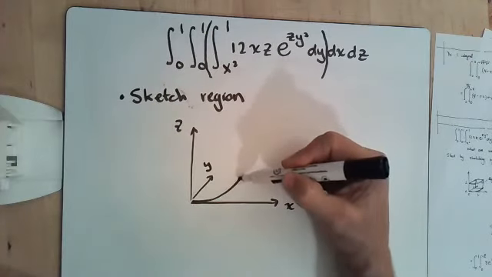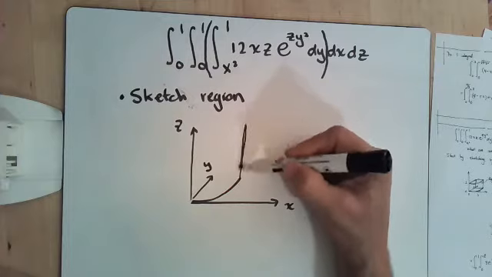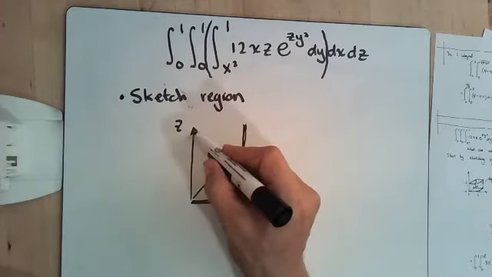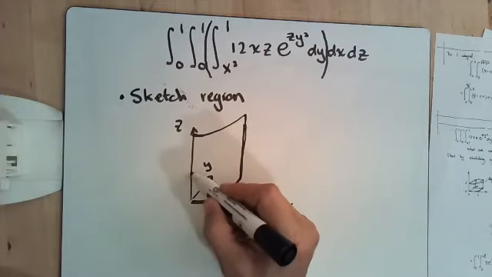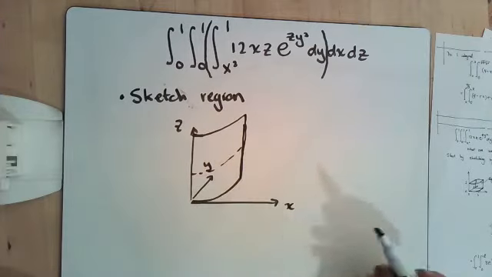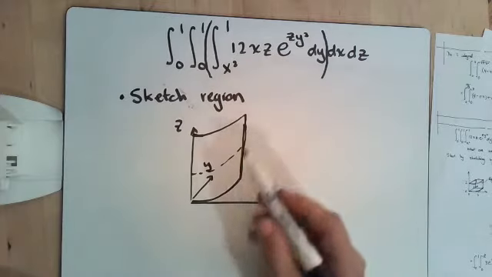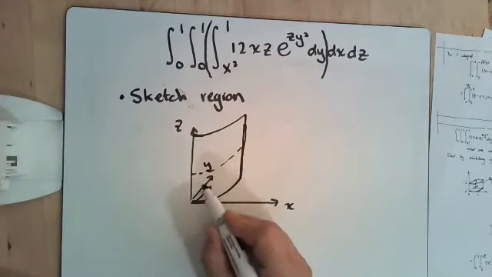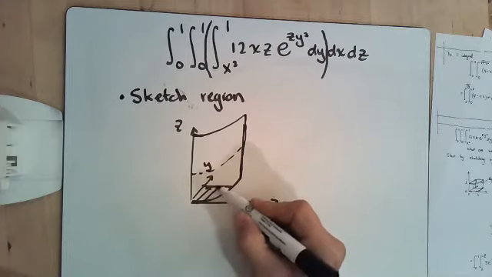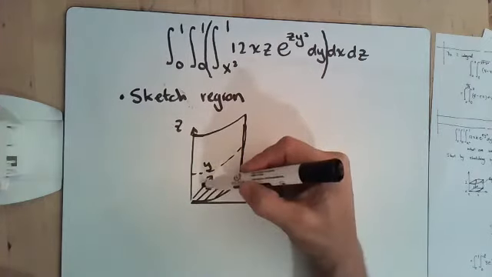So it's really kind of like this. And what we're doing is we're integrating with respect to y from that up until y is equal to 1. So like this, all the way up.